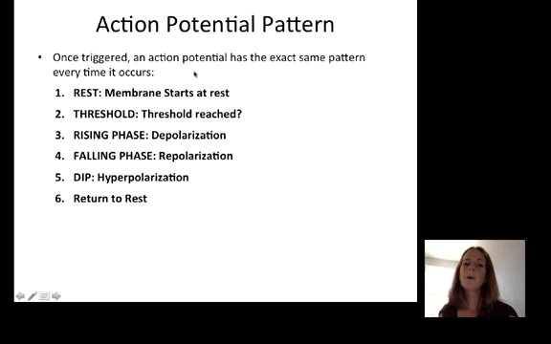Okay, now we're going to go through the phases of the action potential. We're going to talk about what happens as the action potential changes, what happens in the ions, what happens in the channels, and what happens to the value of membrane potential in these different phases. At the end, we'll put it all together and graph it. So we'll start at rest, we'll hit a threshold trigger, then we'll depolarize, repolarize, hyperpolarize, and return to rest.